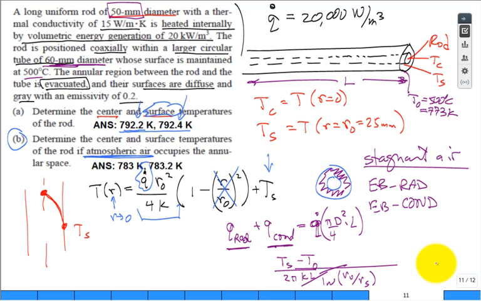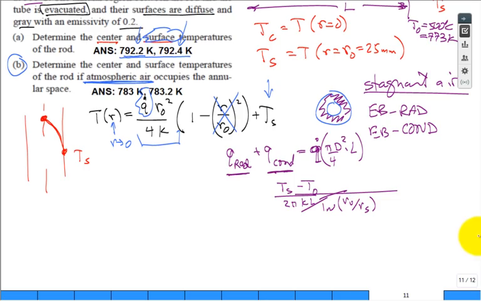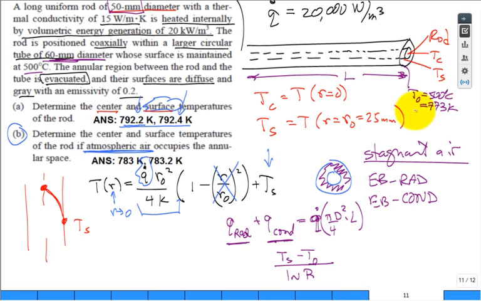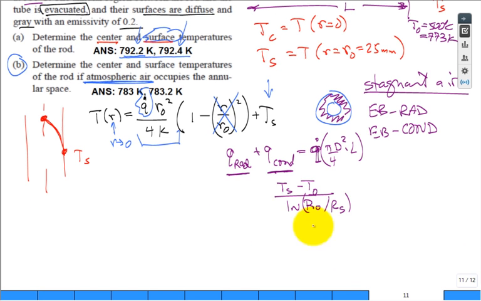I think I messed that up. I've got to put it like this. Sorry. It's the natural log of the radius of the outer divided by the radius of the surface of the rod, divided by the 2 pi KL. Flip that up, multiply there, and now you have the conduction.